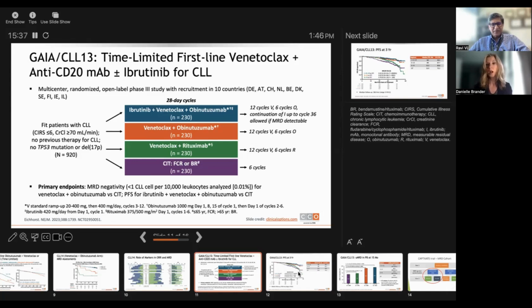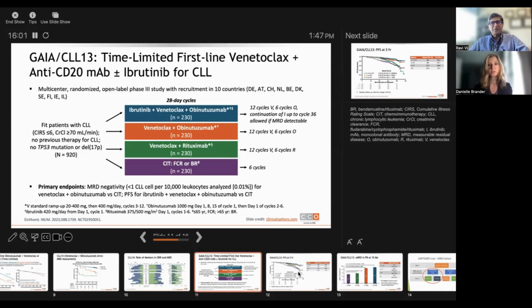In the other combination arms, it's interesting because for the venetoclax regimens, how the CLL14 was approved with venetoclax and obinutuzumab, in this study we see it also compared to that versus rituximab, which is an important point we'll talk about. And then it also compares it to adding in a BTK inhibitor with ibrutinib, and what is the gain.